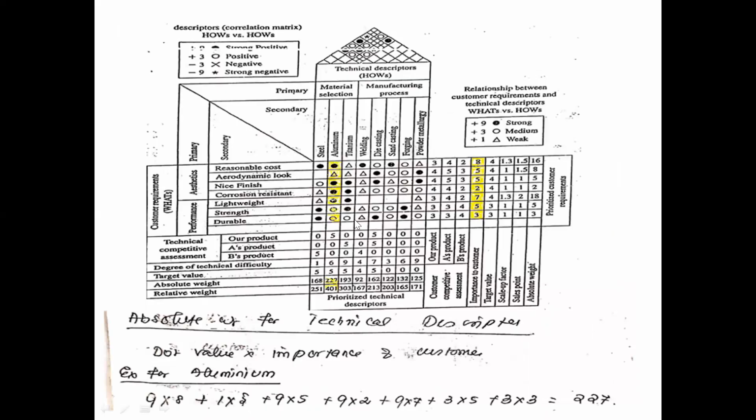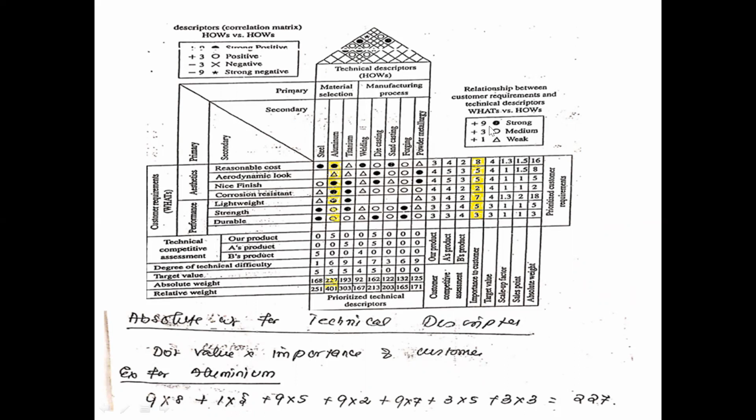Next step, we are going to find out the absolute weight for the technical descriptor, that is dot value into importance of customer. For example, I have taken aluminium, this area. Aluminium 8, this is 0, this dot point.